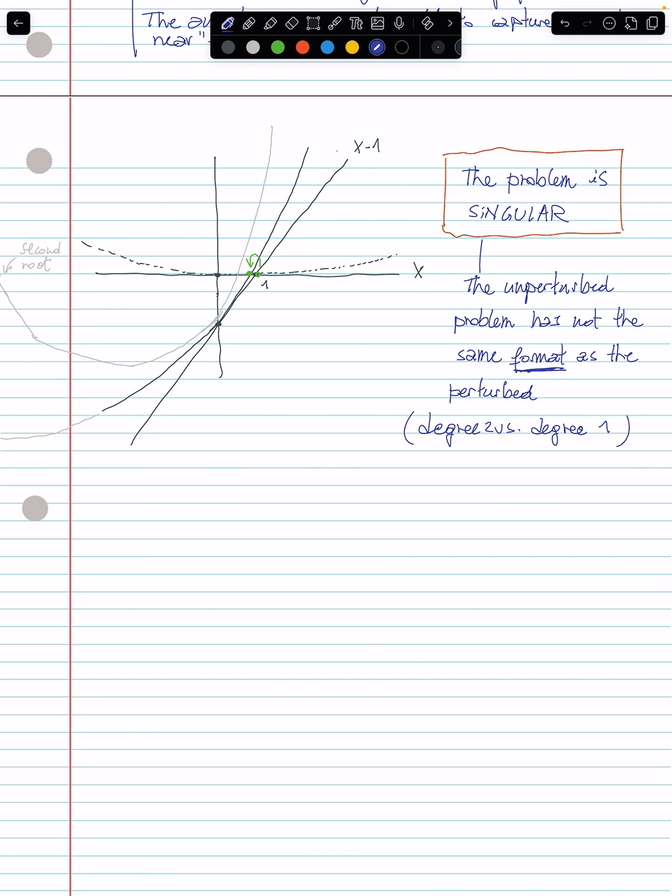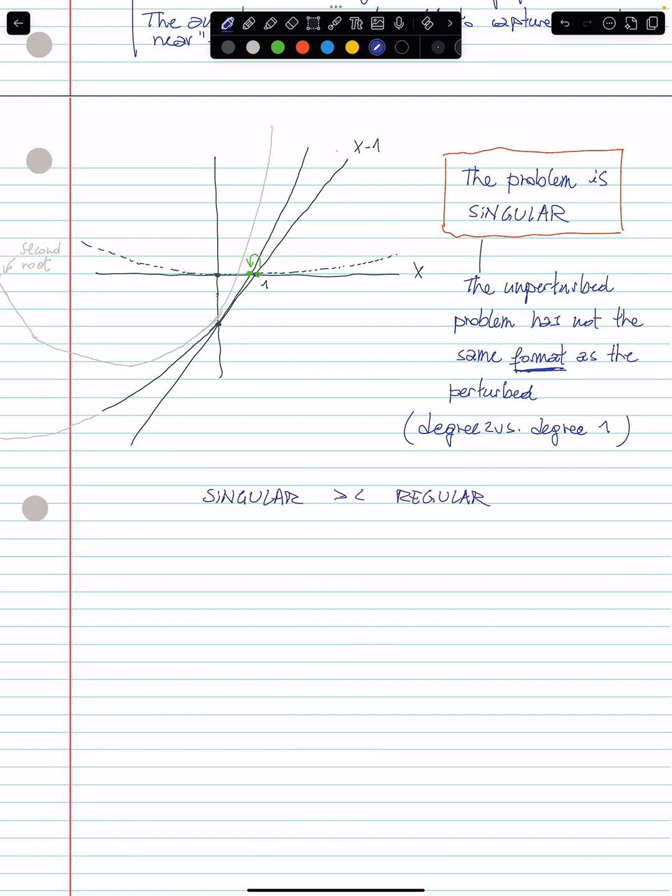We'll talk again later about singular problems in differential equations. In differential equations, the problem can become singular if the highest derivative in the equation is higher because of the perturbation than what you have without the perturbation. This is exactly the same story. Because the problem is singular, it is not regular. Singular is by default opposed to regular.